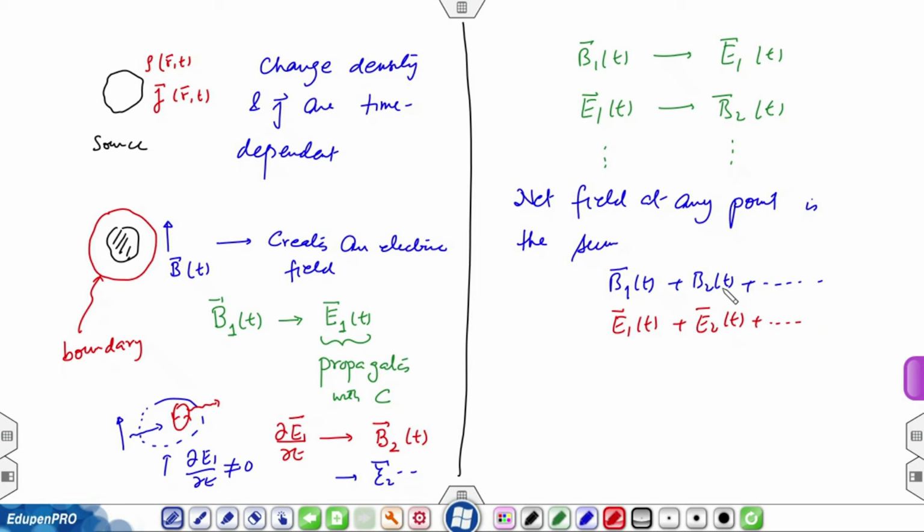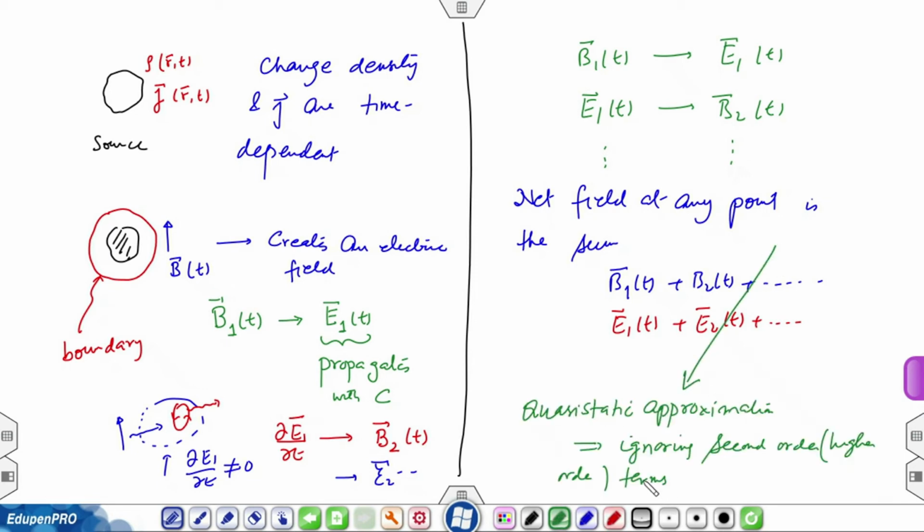What the quasi-static approximation involves is that I ignore the higher order terms. That means they have to be really small compared to what we started with. And then the quasi-static approximation would be valid.